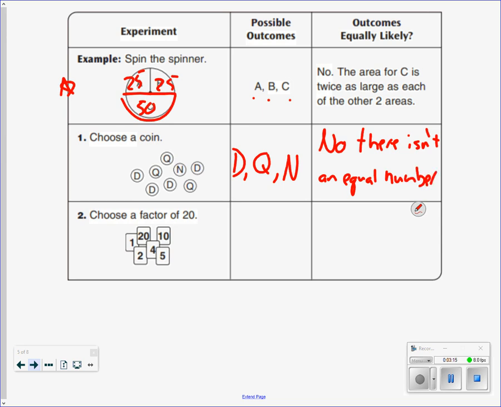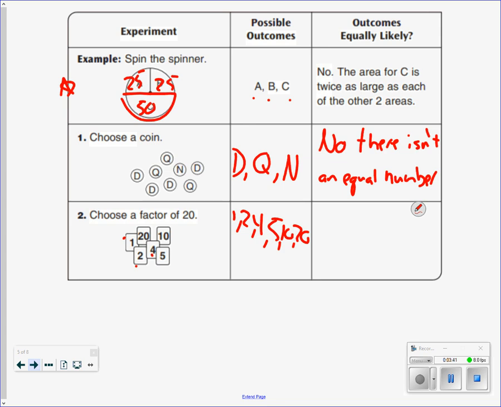Okay. Choose a factor of 20. So what are our possible options? Well, we have 1, 2, 4, 5, 10, and 20. Okay. Outcomes that are equally likely. So if I'm trying to pick a factor of 20, are the outcomes equally likely?